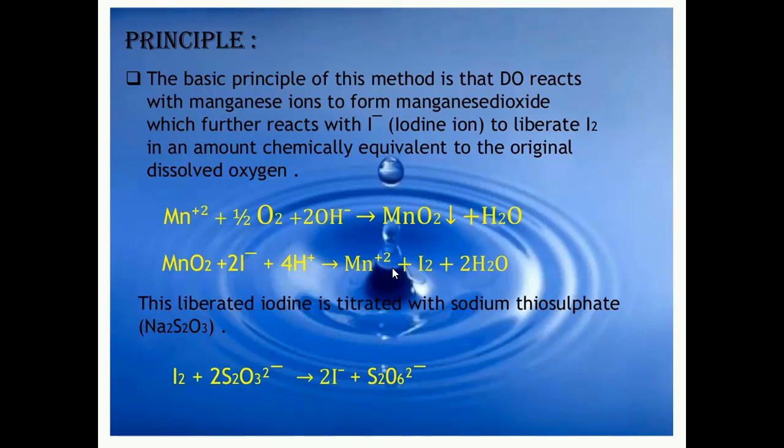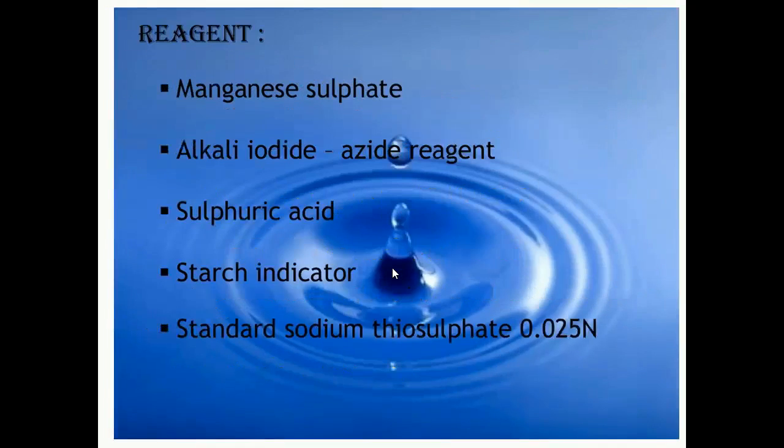The main principle is that the liberated iodine is measured. Next, the reagents used: manganese sulfate, alkali iodide azide reagent, sulfuric acid, starch indicator, and standard sodium thiosulfate of 0.025 normality.